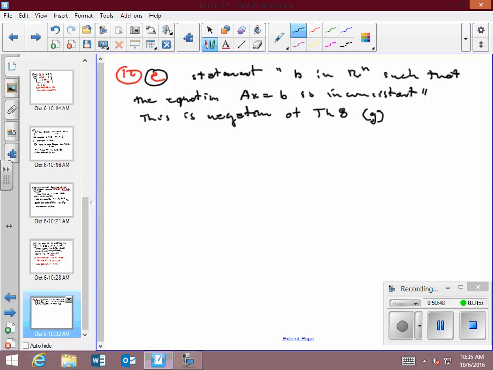And then the theorem EF is negated. And F is saying the linear transformation is one-to-one, so the linear transformation is not one-to-one.